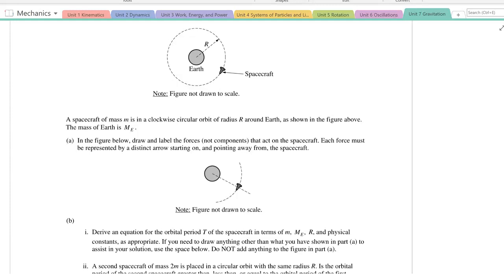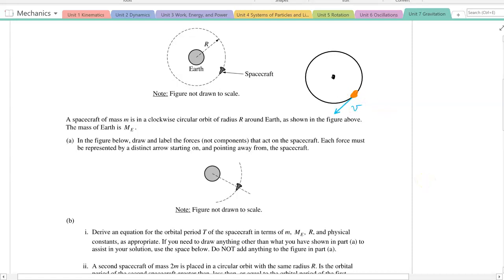So maybe this one already screams out to you what the answer is, but if not, if you remember from when we studied circular motion, if I have a circle, we have a particle right here. Let's say it is a spacecraft, and then the center is the Earth. It has to be moving, and its velocity is given by a tangent vector at that point.